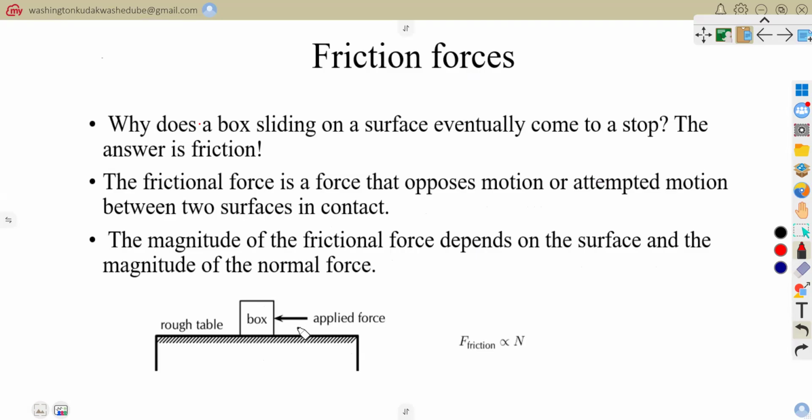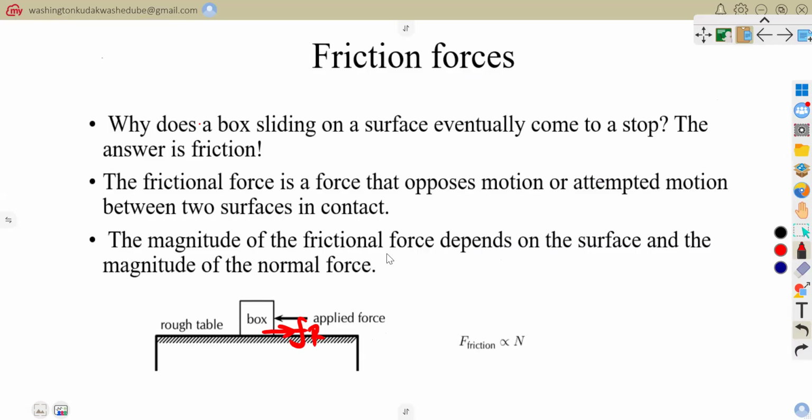We have an applied force. This applied force will try to cause movement within this box. It has to slide past this rough table, but because of the roughness of the table, we are going to have some resistance. That resistance is what we refer to as frictional force.